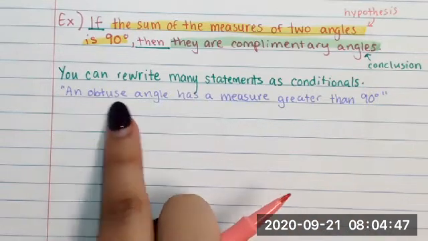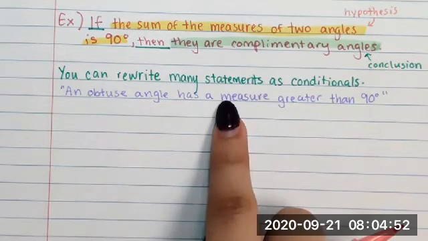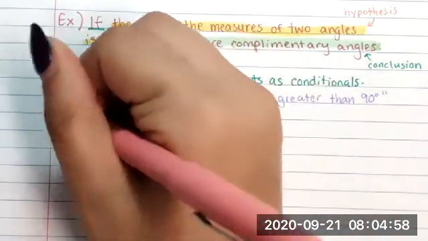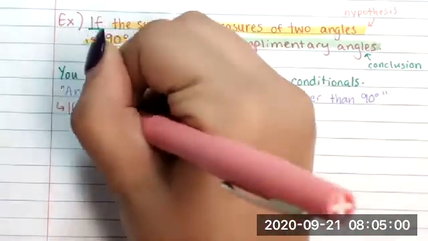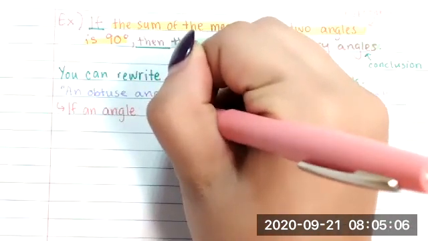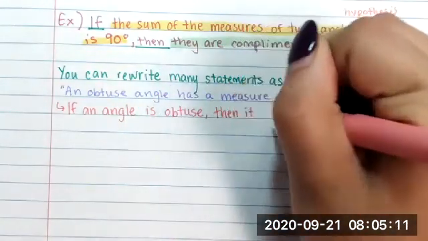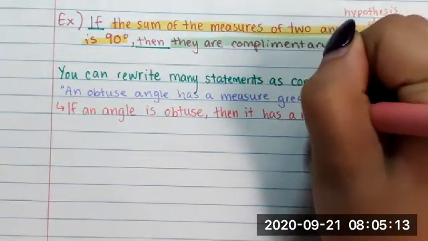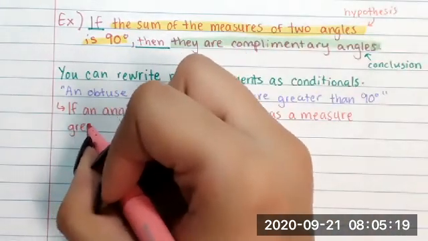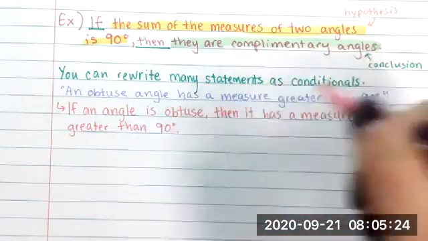So if an angle is obtuse, then it has a measure greater than 90 degrees.